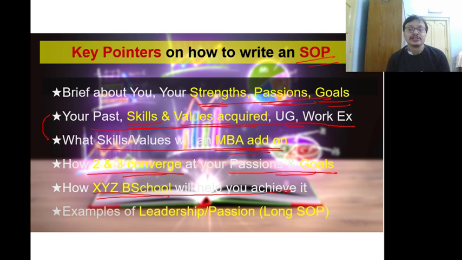Why are you applying to the given B school program? So that is where it's important you understand how the given program you're applying to, what about XYZ B school really excites you and makes you believe that it will help you converge your past skills and values with the MBA program to converge at your passion and goals.